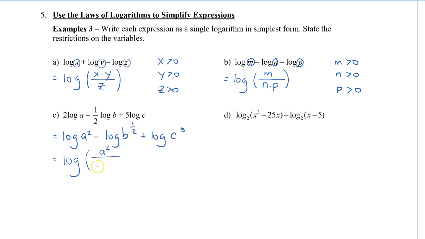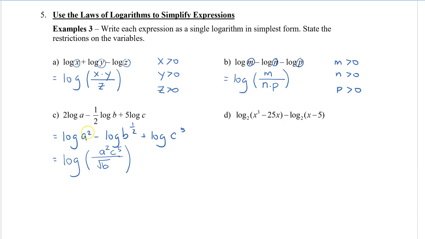So this will be root b in the denominator. And then we have a plus log c to the fifth, because we're adding, that means we're going to divide the value. Sorry, we're going to multiply the value, so the c to the fifth goes in the numerator, like so.